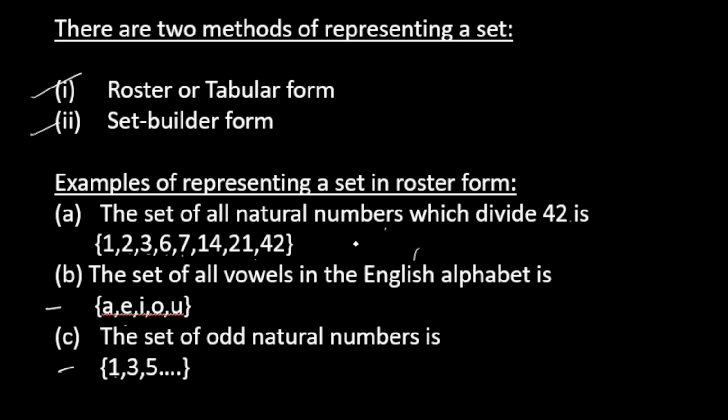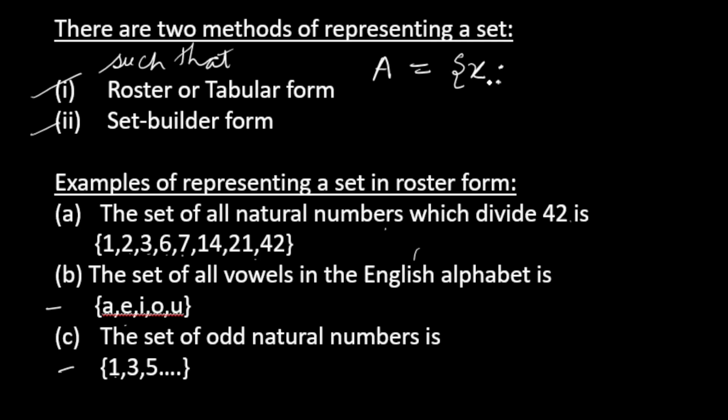So suppose the first one is the set of all natural numbers which divide 42. I'll write set A is equal to, again I'll start curly braces. Any variable I'll assume, suppose X. X, then colon I'll write. These two dots, colon, here we'll pronounce as such that.